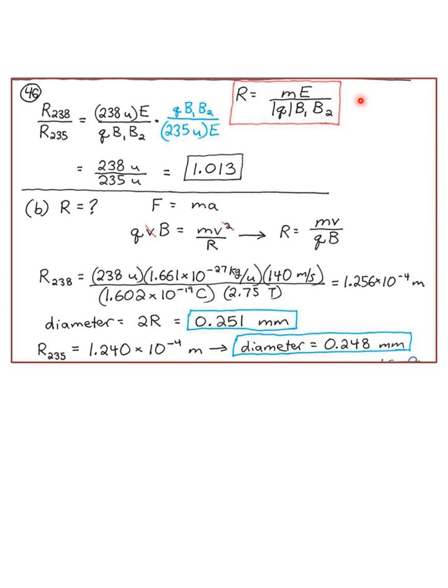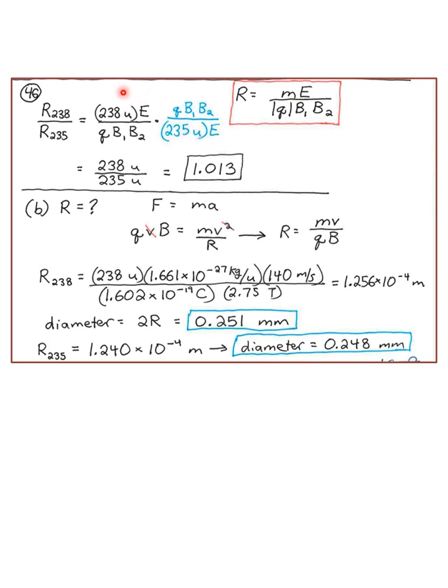The radius is, and it says what is the ratio of those radii. So let's make a ratio there. The radius of the 238 isotope over the 235 isotope. We need their masses, and the mass of uranium-238 is 238 atomic mass units. The mass of the 235 is 235 atomic mass units. The atomic mass units just divide out.